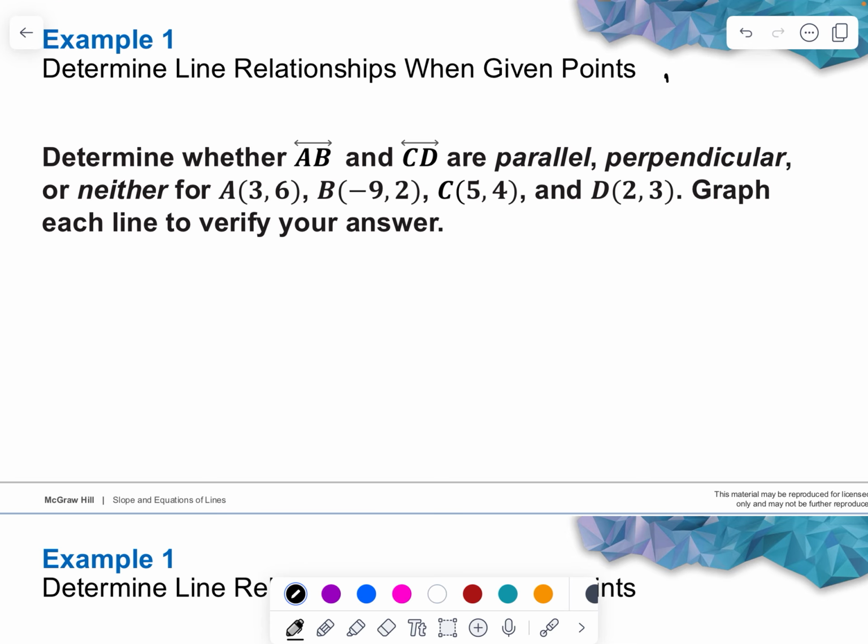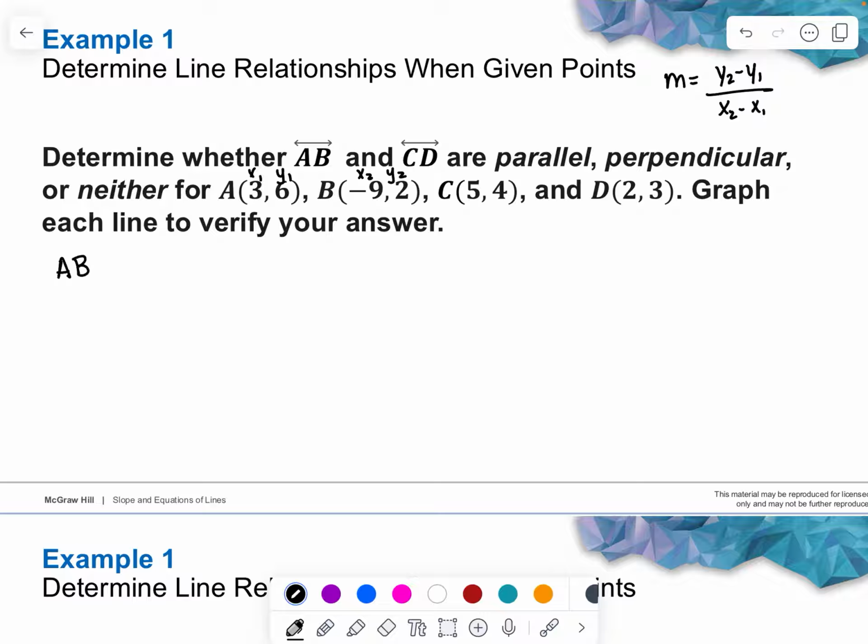First, what I'm going to do is write out my slope, which is y2 minus y1 over x2 minus x1. I'm going to make each one of these one of my points, x1 and y1, x2 and y2, and I'm going to find my slope.